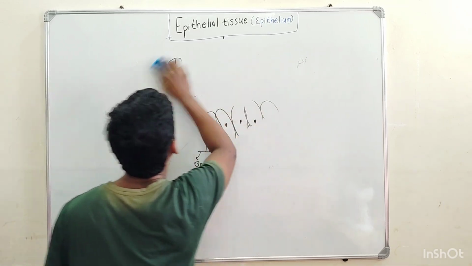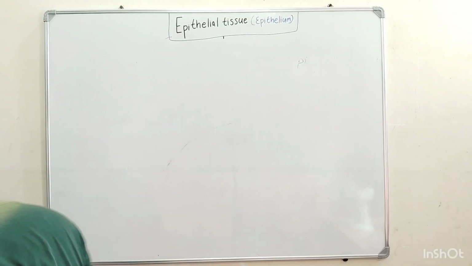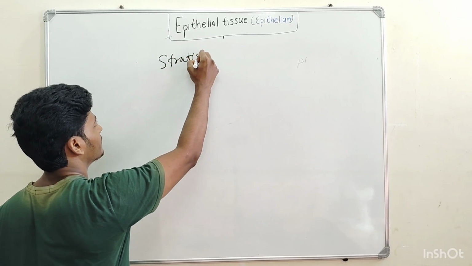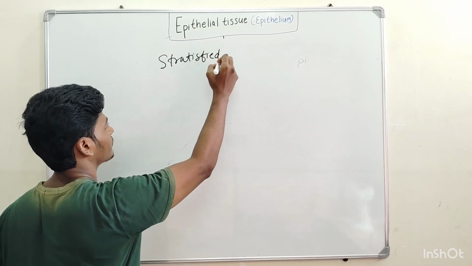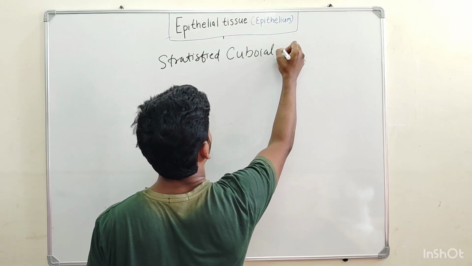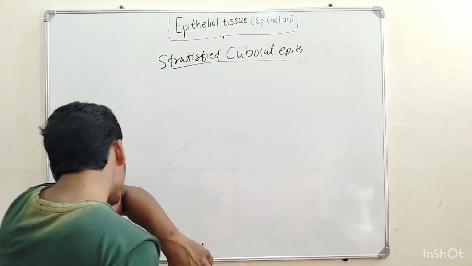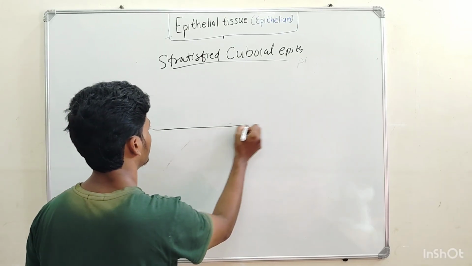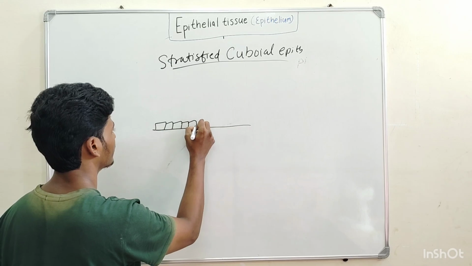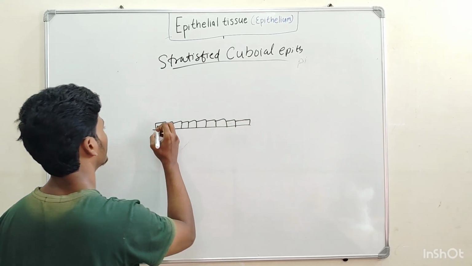And now we are going to discuss stratified cuboidal epithelium. This is the basement membrane, and the basal layer is cuboidal or columnar.